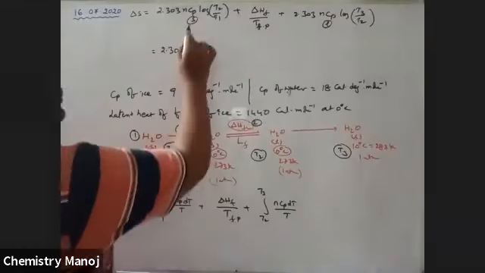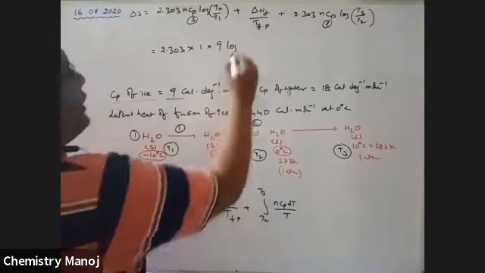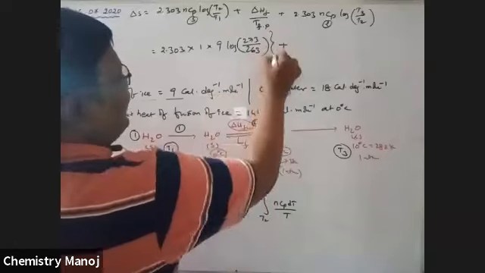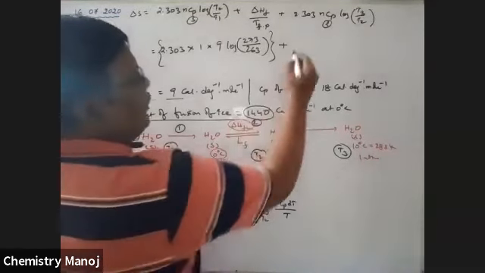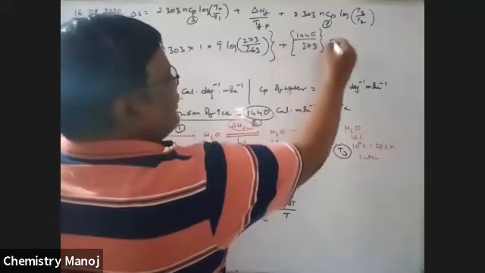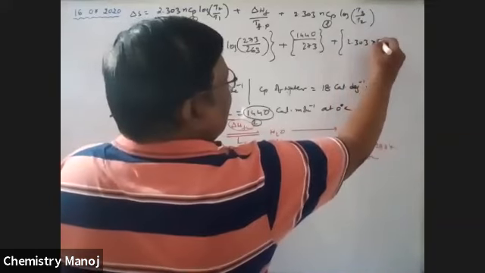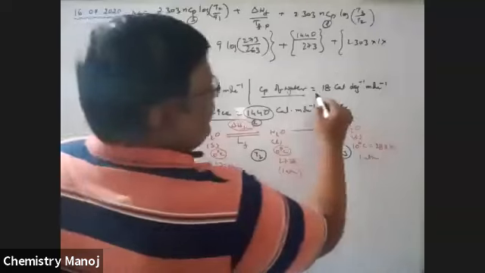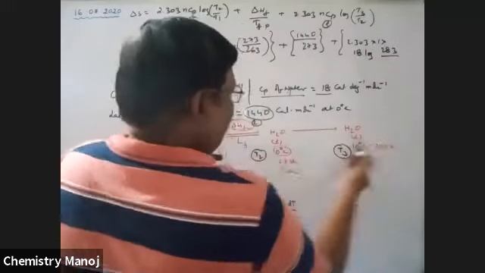So delta S is equal to 2.303 times 1 times Cp value of solid, which is 9, times log of 273 by 263, plus, for the second calculation, delta H fusion, the latent heat of fusion, 1440 by the freezing point 273, plus once again 2.303 times n, that is 1, times the Cp value for liquid water, which is 18, times log of T3, that is 283, by T2, that is 273.